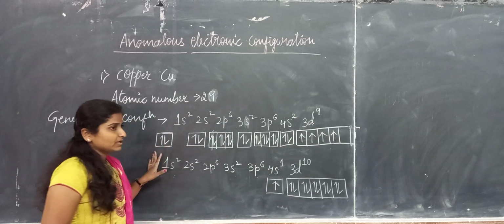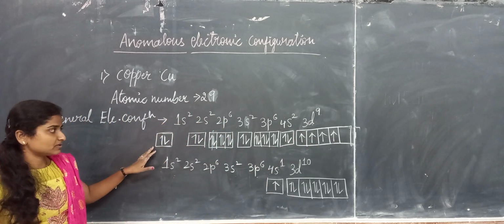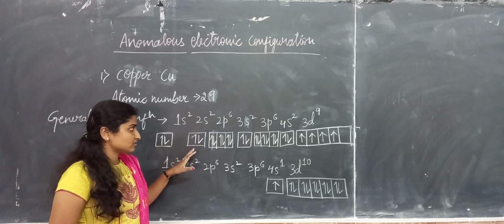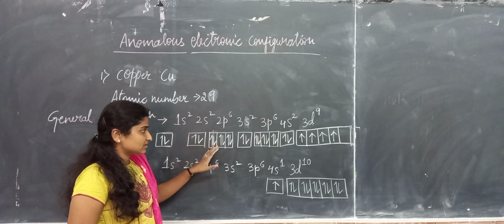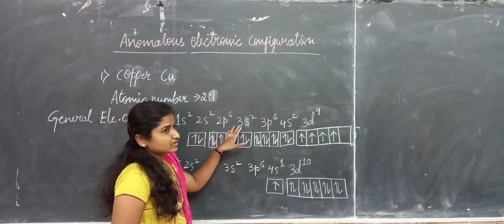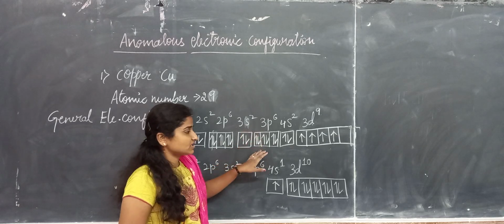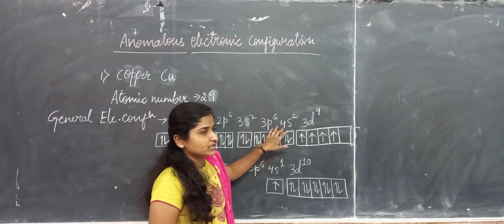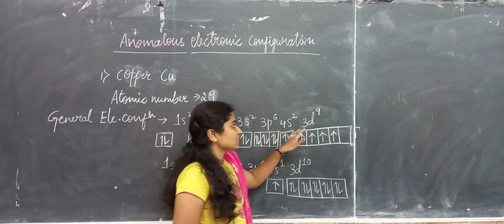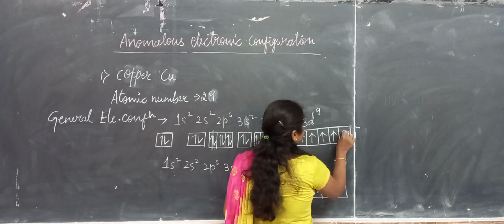Here the orbital diagram will be: in the 1s orbital we have 2 electrons, in the 2s orbital 2 electrons, in the 2p orbital 6 electrons, that is a completely filled orbital, whereas in the 3s we have 2 electrons, again in the 3p we have 6 electrons, in the 4s we have 2 electrons, and in the 3d orbital we have 9 electrons.